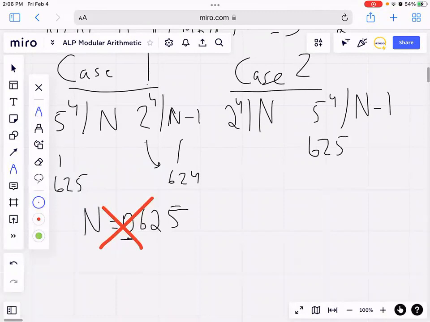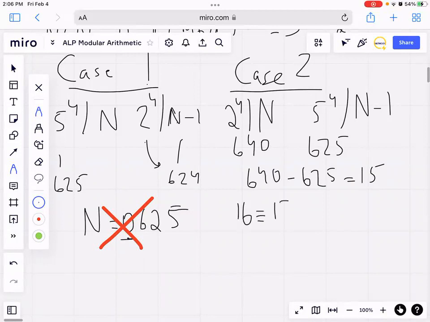And the greatest multiple of 16 greater than that, since 624 is divisible by 16, is 640. However, note that 640 minus 625 is 15, so they're not 1 apart. So we have to find two numbers such that they're 1 apart. Notice that 16 is congruent to 124, which is actually congruent to -1 mod 125.